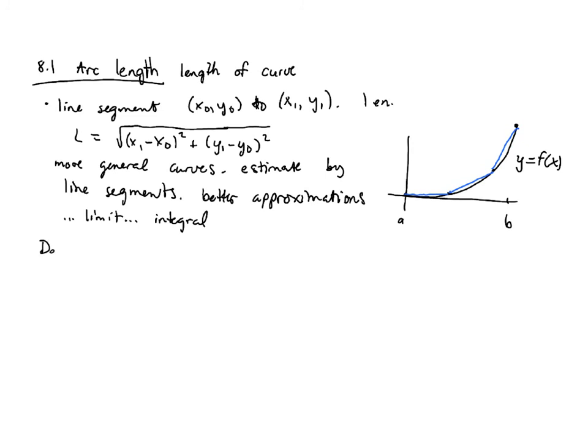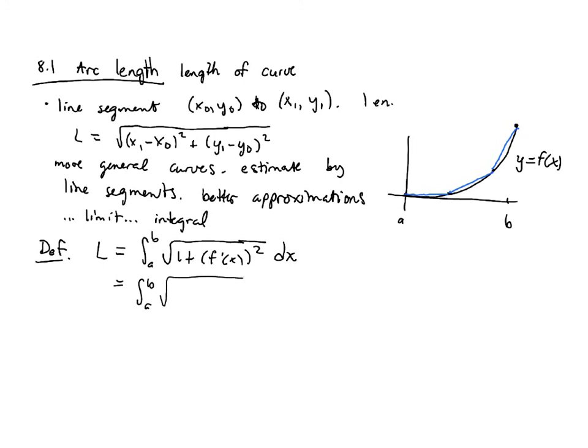The definition that we come up with is that the length of that curve is the integral from a to b of the square root of 1 plus f prime of x squared dx, or if you like, the integral from a to b of the square root of 1 plus y prime squared dx.